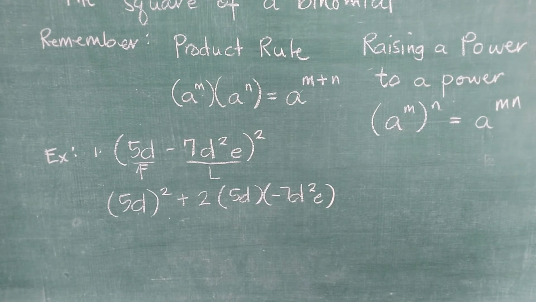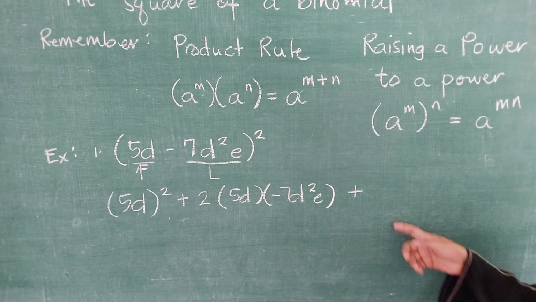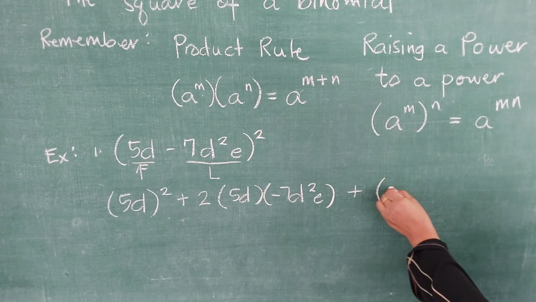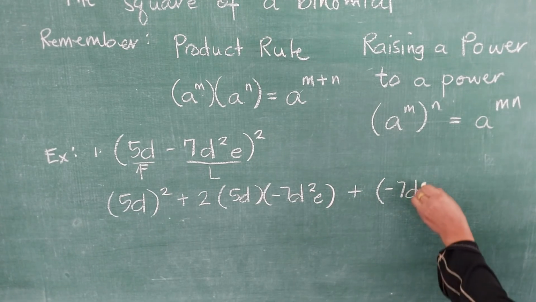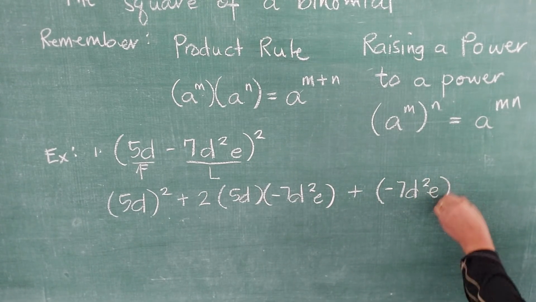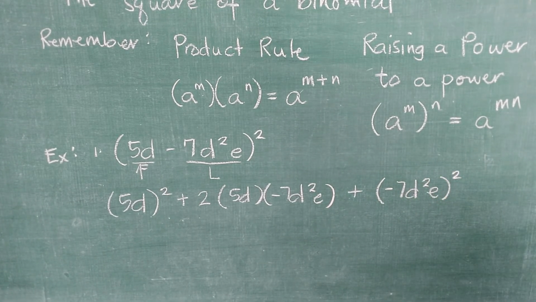Okay, para sa last term natin, twice the product. For the last term, square the last term, negative 7d squared e quantity squared.